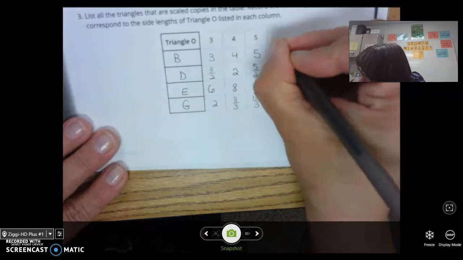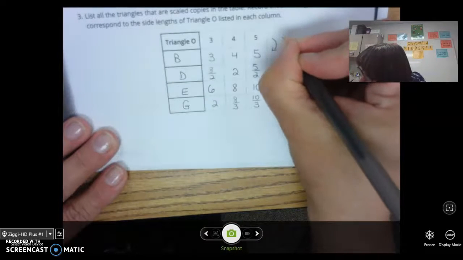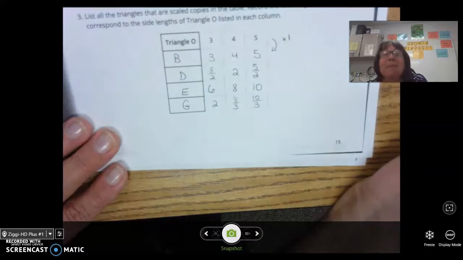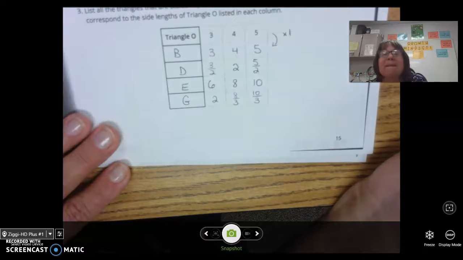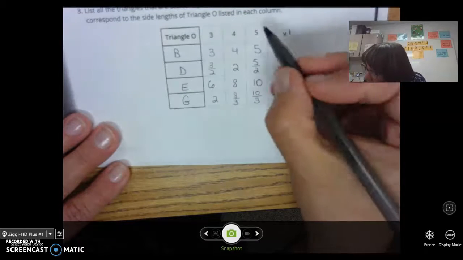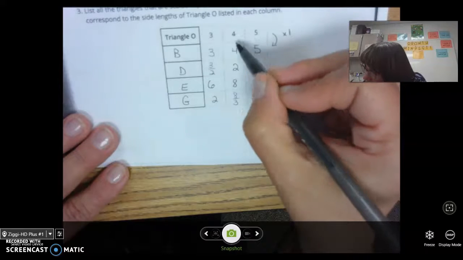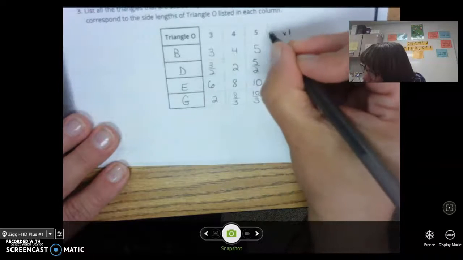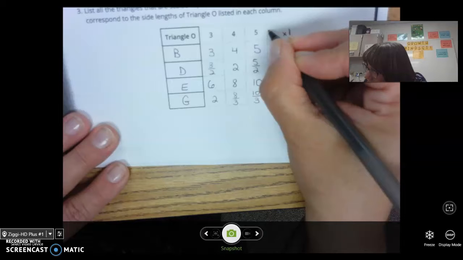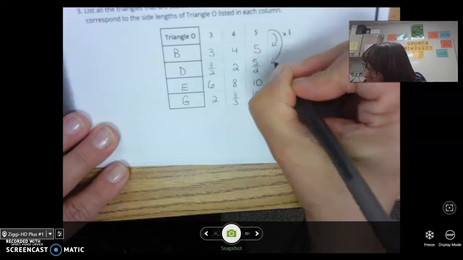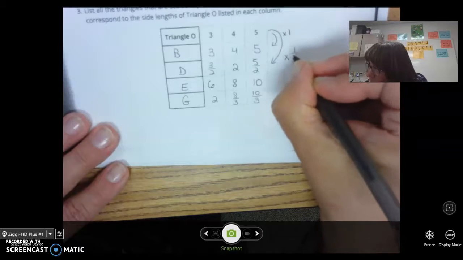So to go from this row to this row, we multiplied by 1. And then we went from 5 to 5 halves, from 4 to 2. What are you multiplying by now? 3 to 3 halves. You're multiplying by 1/2.